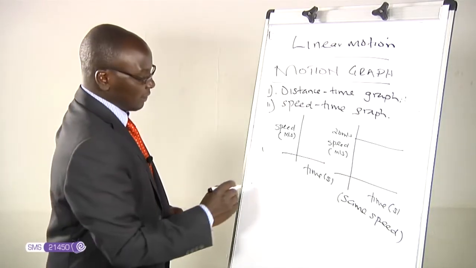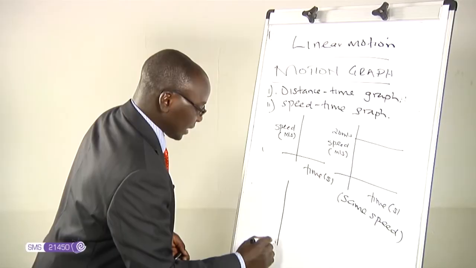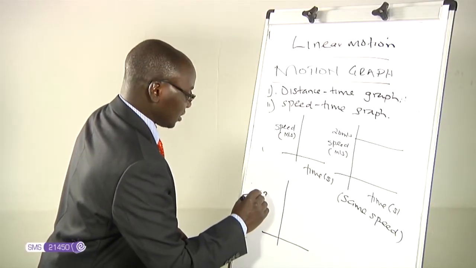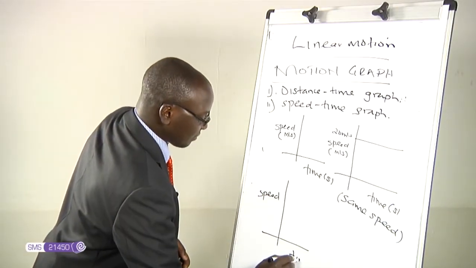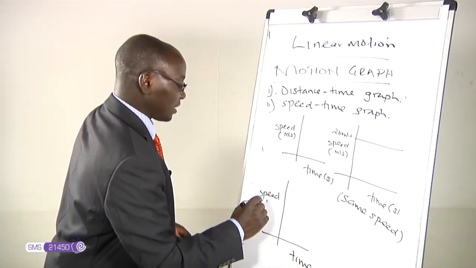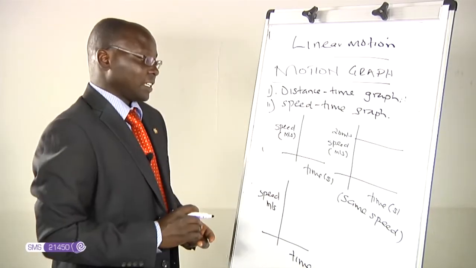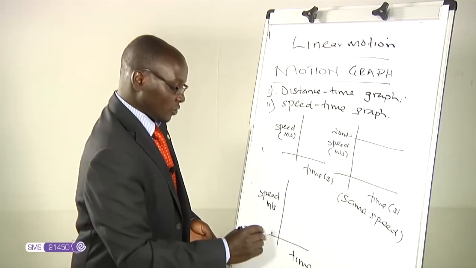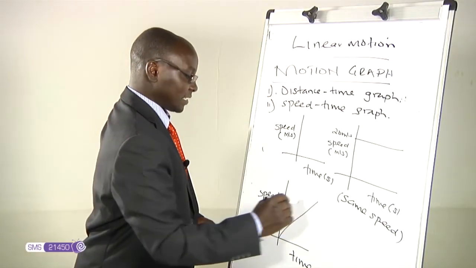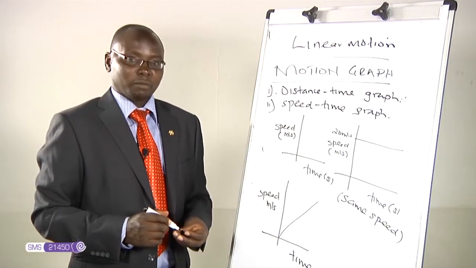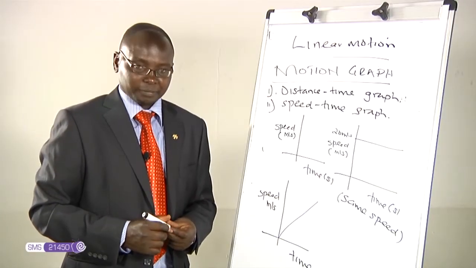The other one that we can actually draw out of this, we can have speed, we can have time here, and as usual we must show the units. But in this case now, we draw a straight line like that. What can we translate from this speed time graph?